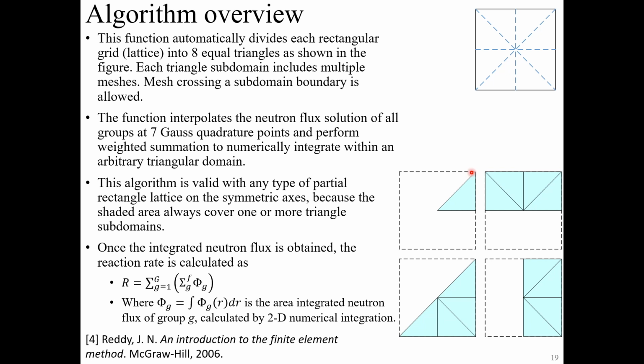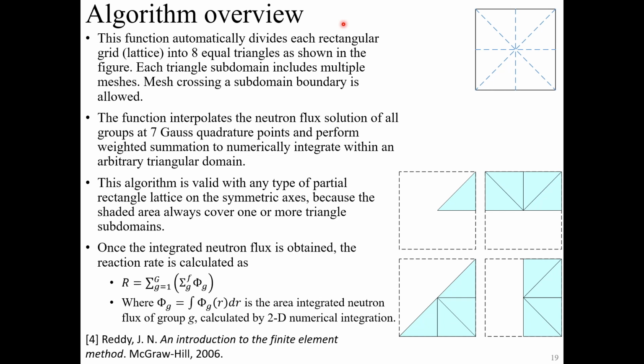For example, for a rectangular core diagonal line, it may be half like the third figure here, or 1/8 assembly, like the first figure. It will exactly cover one or more triangles, so this algorithm will always work.